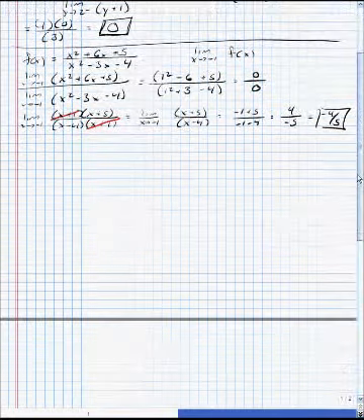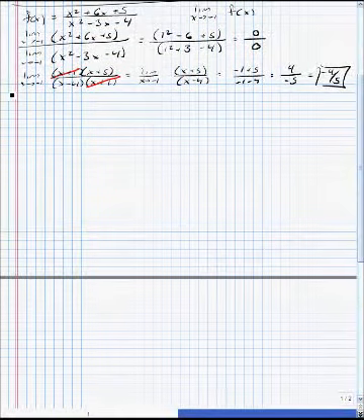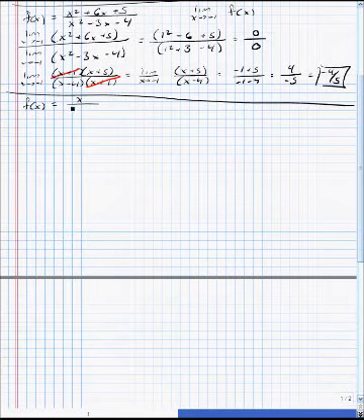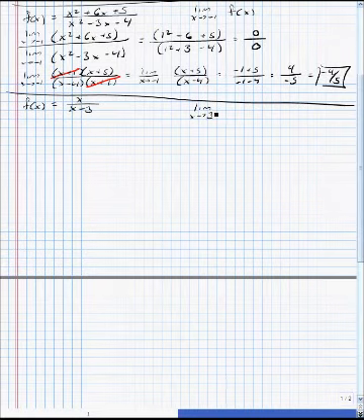We'll be doing one more example. This one, f of x is equal to x over x minus 3. The first thing they ask for is the limit as x approaches 3 of f of x.